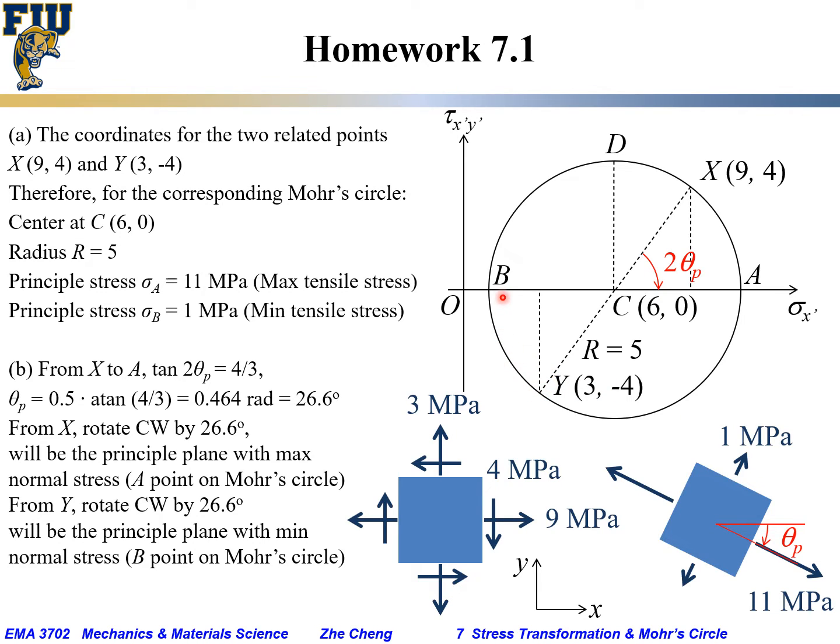Y to B is clockwise, and the exact angle is the same 26.6 degree of theta P to find the minimum normal stress, represented by B, and that turns out to be just 1 megapascal. Okay, that's the minimum normal stress in this plane.